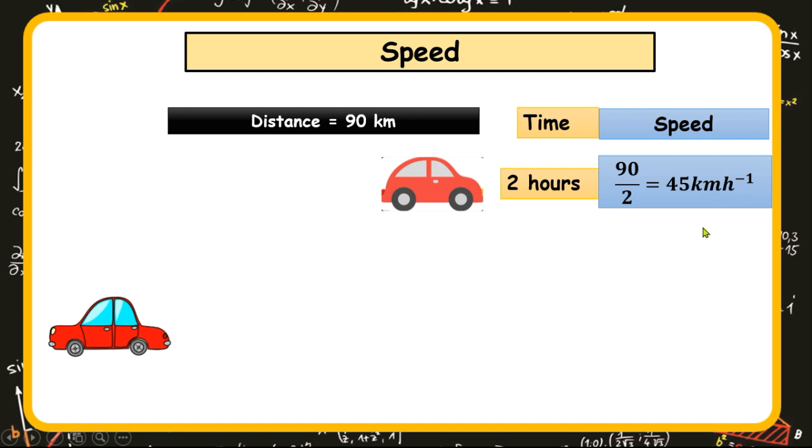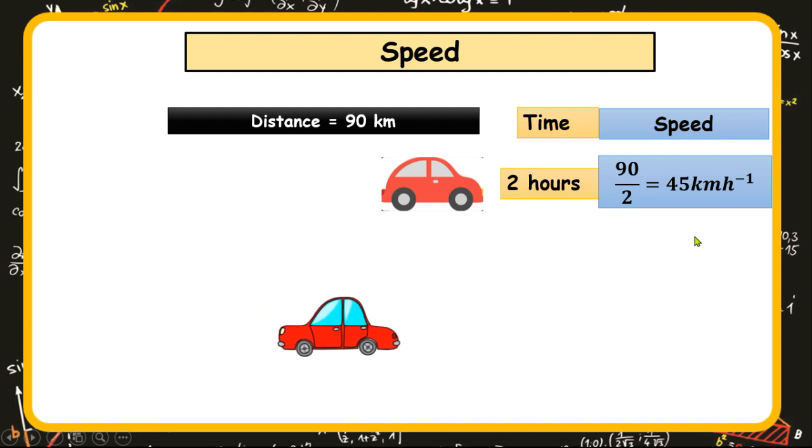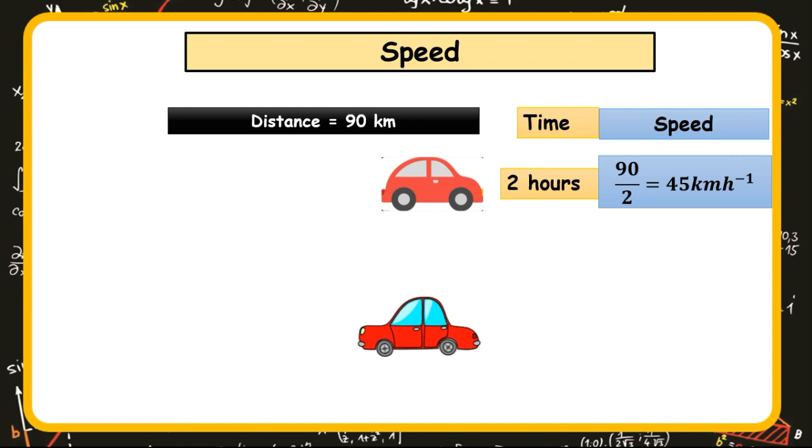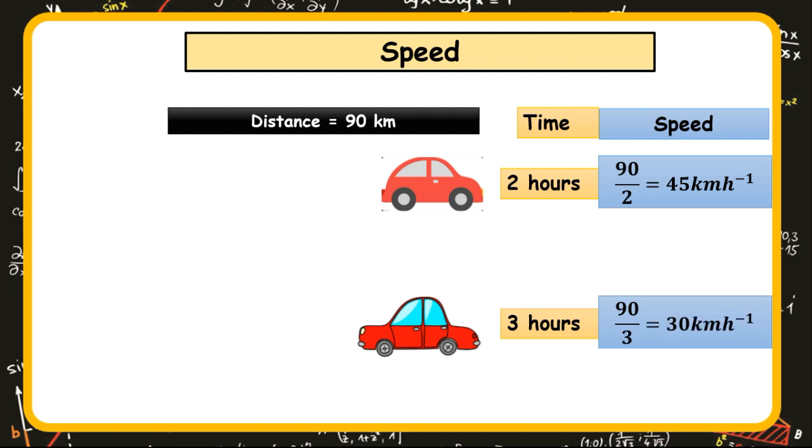That is for the first car. The second car seemed to be slowing down a little from the same point and end at the same destination, but it took this car 3 hours to cover the same distance of 90 kilometers. And so to compute its speed, we say 90 kilometers over the time 3 hours. And that will be 30 kilometers per hour.